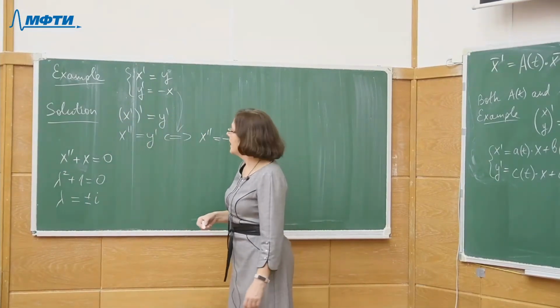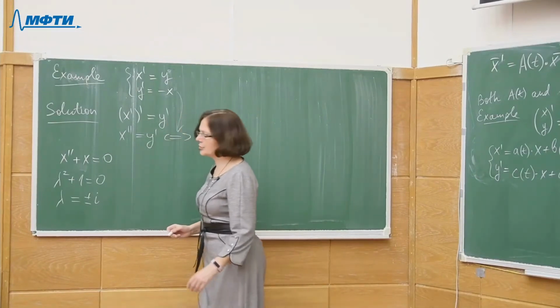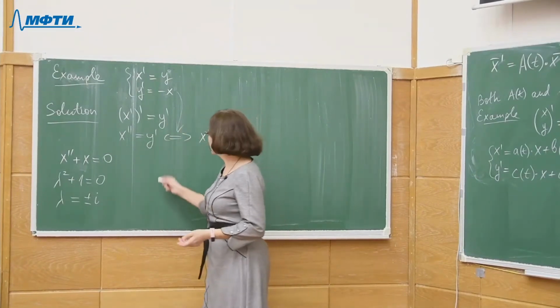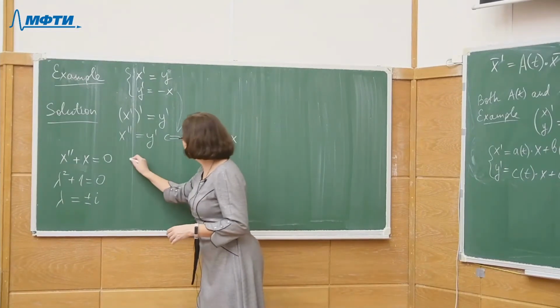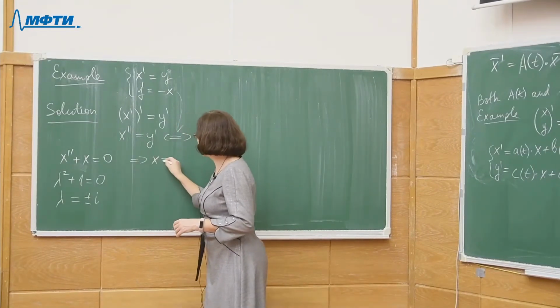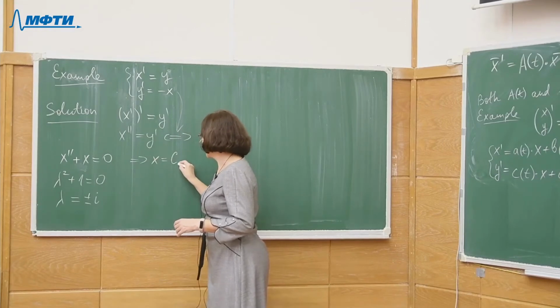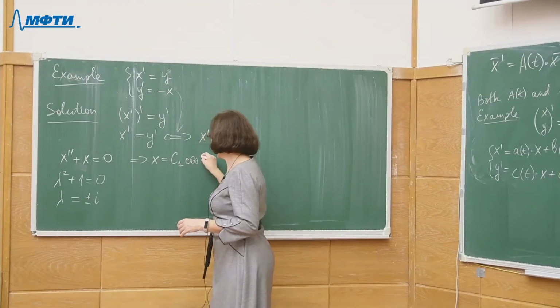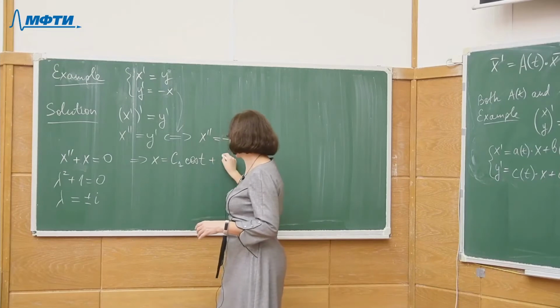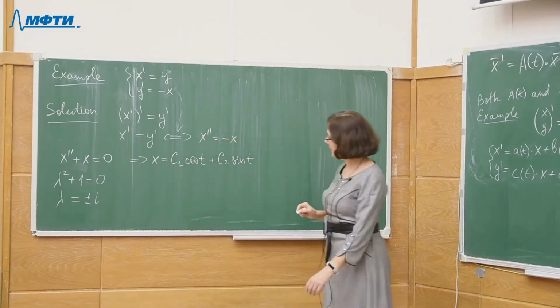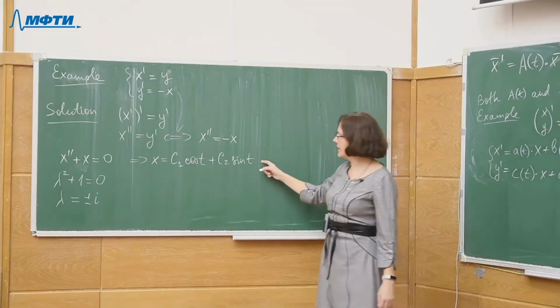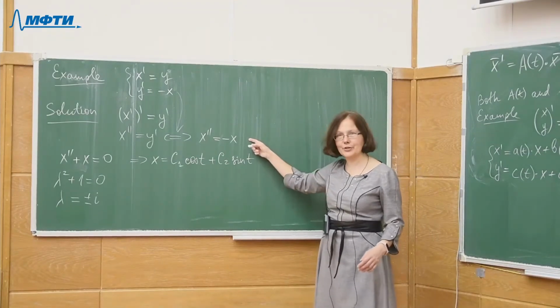And this corresponds to the particular solutions cos t and sin t. And so the answer is x equals c1 cos t plus c2 sin t. So this is the general solution of this equation.